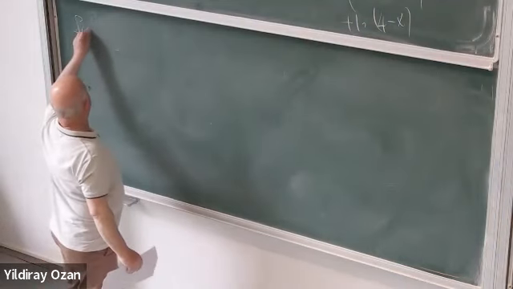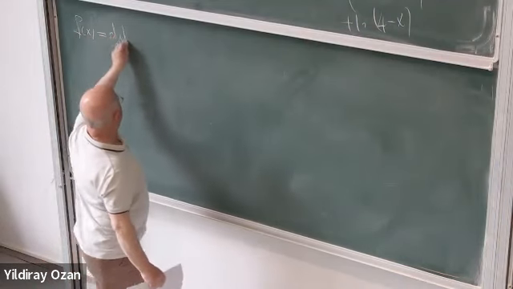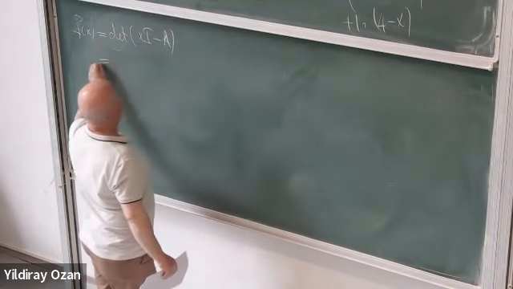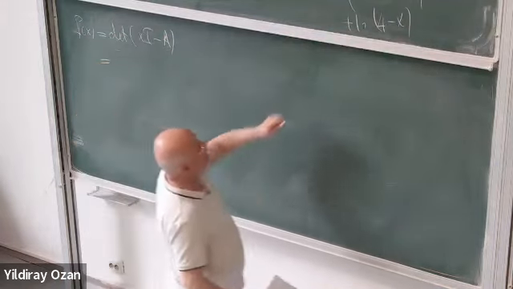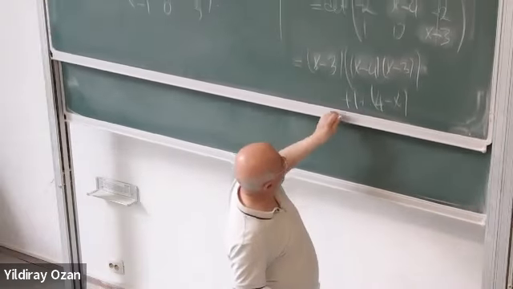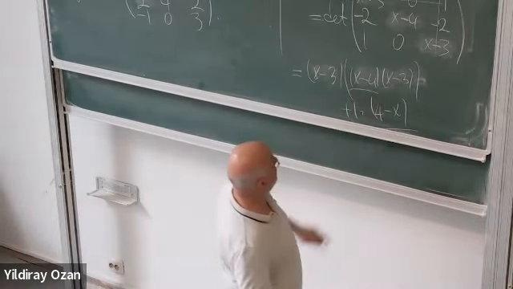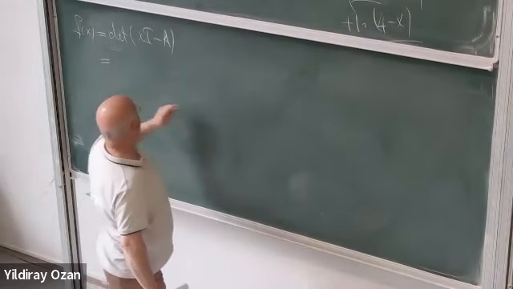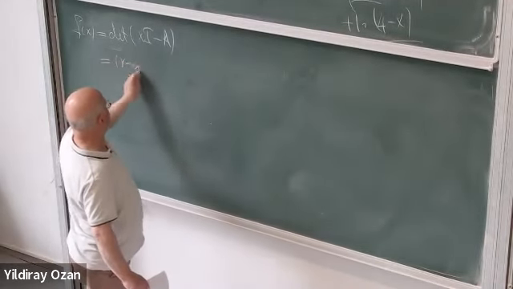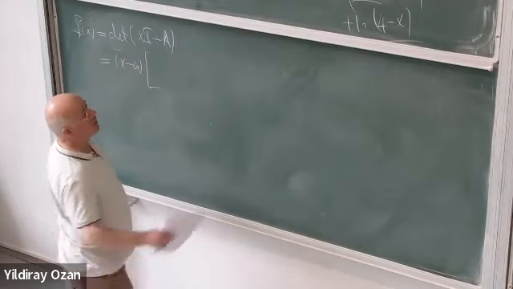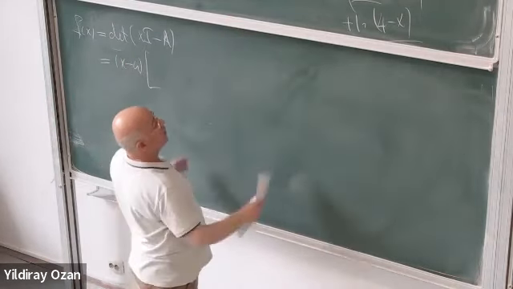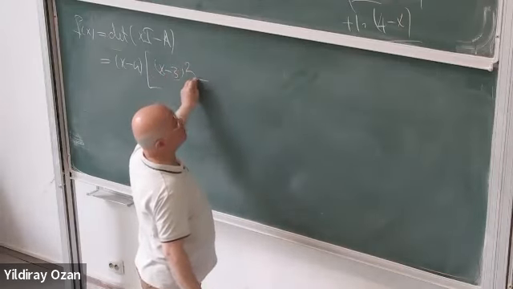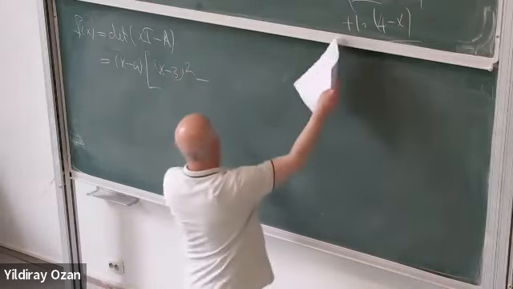Let's start to get, so for x, which is just the determinant of x times identity minus A, and that is just, you see, x minus 4 is the common term, so we just take x minus 4 in parentheses, x minus 4 times the first term, which is x minus 2 squared minus 1.